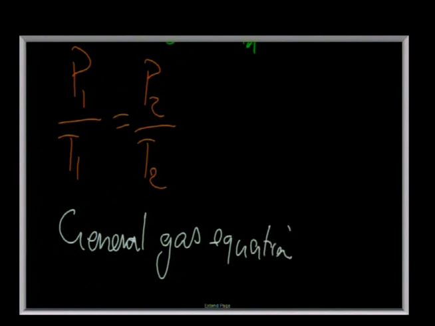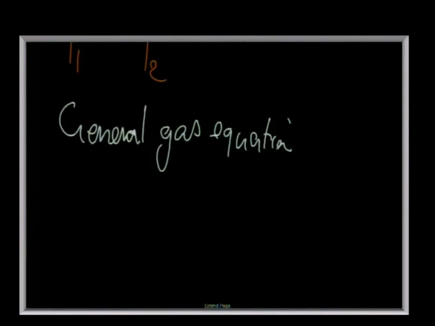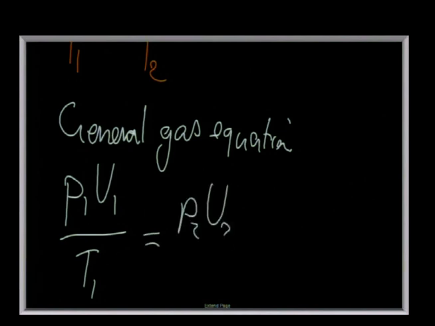The general gas equation says the following: pressure 1, volume 1 over temperature 1 is equal to pressure 2, volume 2 over temperature 2.